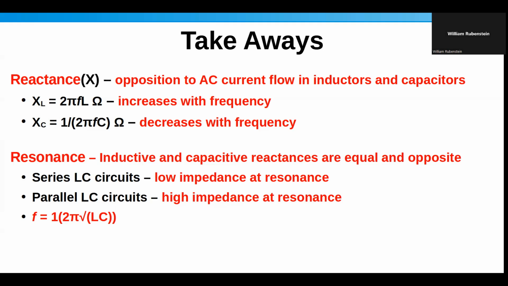We keep seeing this 2 pi f pop up all the time in these formulas. In engineering school, we learned that 2 pi f is represented as omega, which is the angular frequency. That's where the 2 pi comes in. There are 2 pi radians in a circle. To make the math easier, you represent a circle as 2 pi radians.